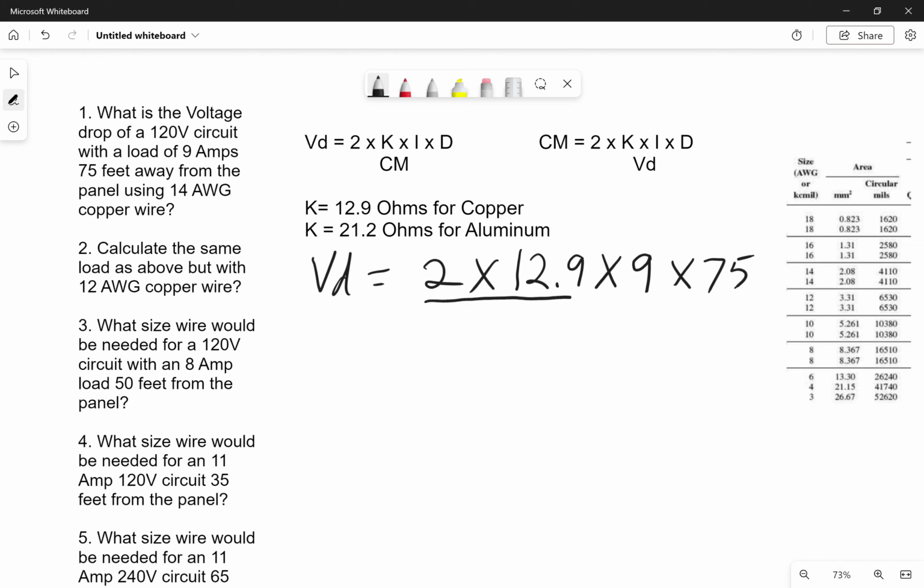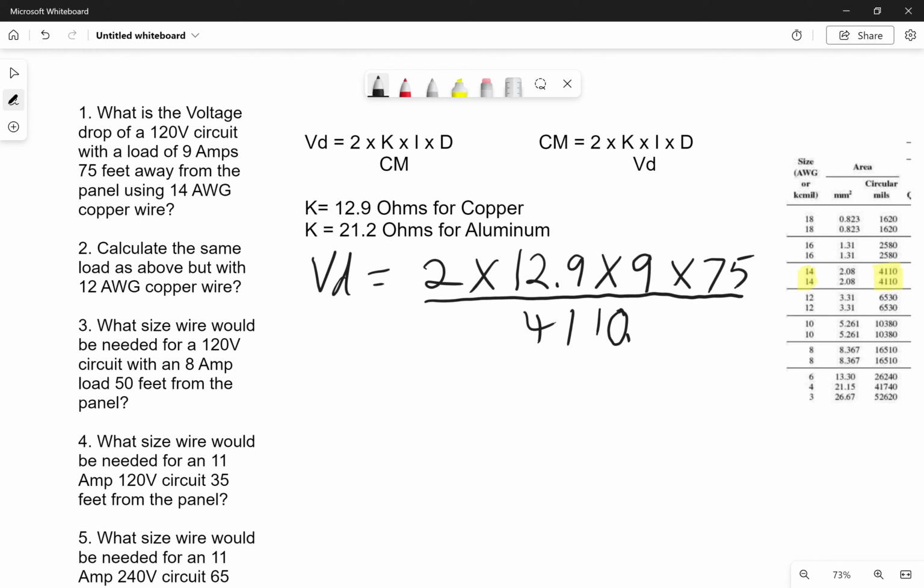And then all of that is over circular mills. So we're going to find the circular mills of 14 AWG copper. 14 AWG is 4,110. So we'll put in 4,110.